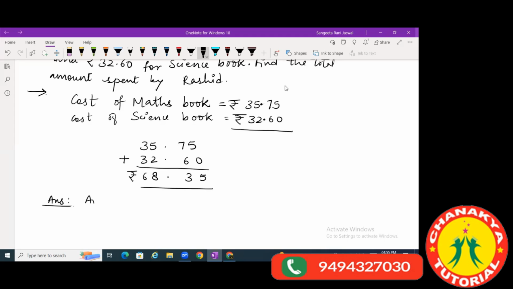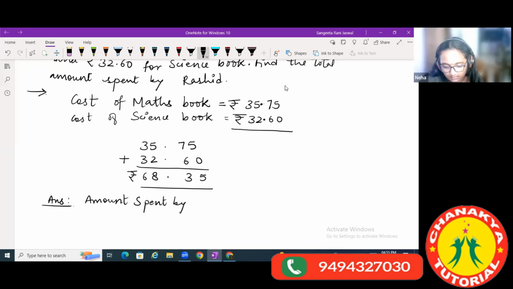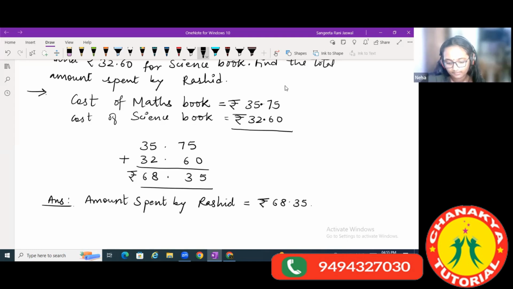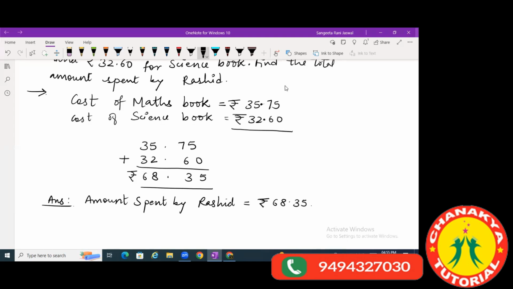So the amount spent by Rashid is equal to rupees 68.35. This is the way you should write. If you get this question for the statement questions, you always get more marks. So you get 1 mark for this much part, 1 mark for this much part, and 1 mark for the final answer. Right? Yes, ma'am.